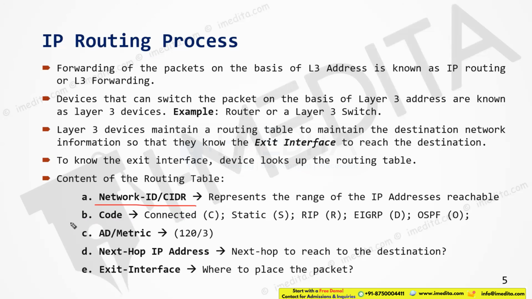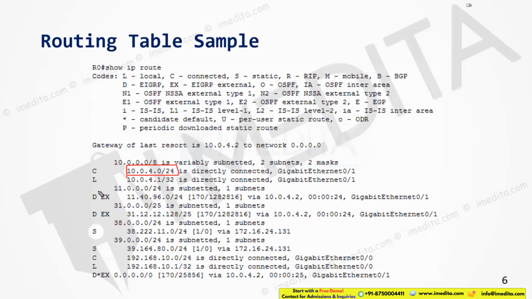What is the trustworthiness of that information? If you learn about it via some routing protocol such as EIGRP or OSPF, how trustworthy is it? That trustworthiness is represented by a number called AD, administrative distance.